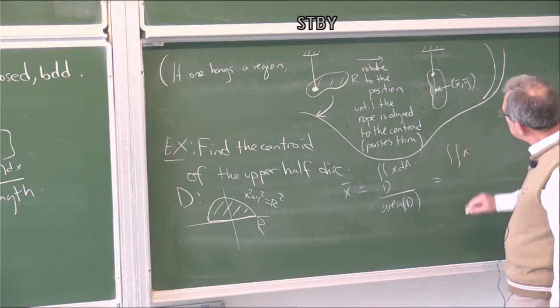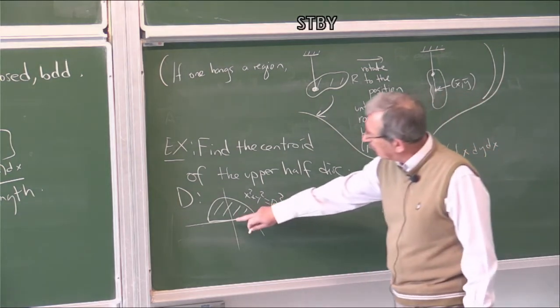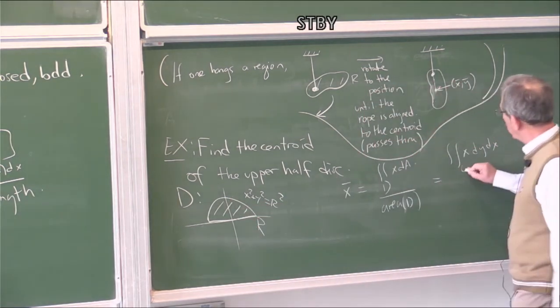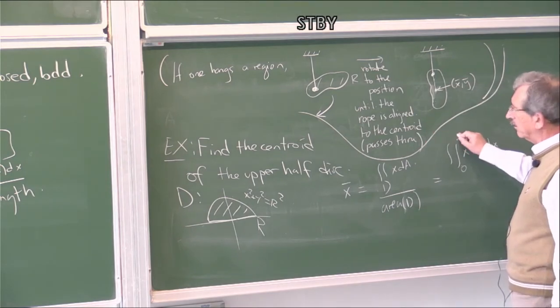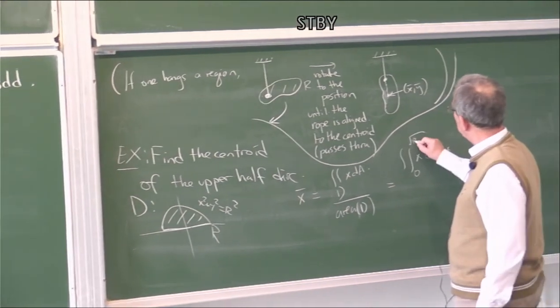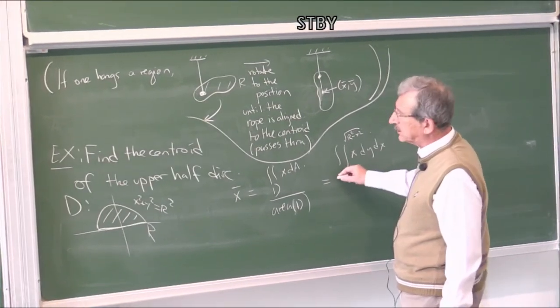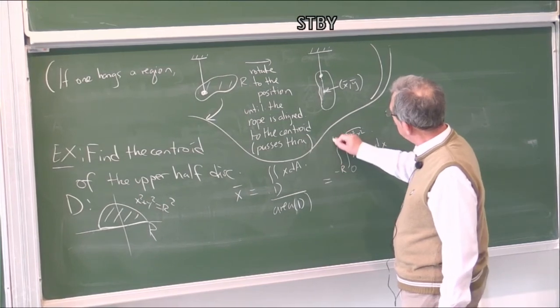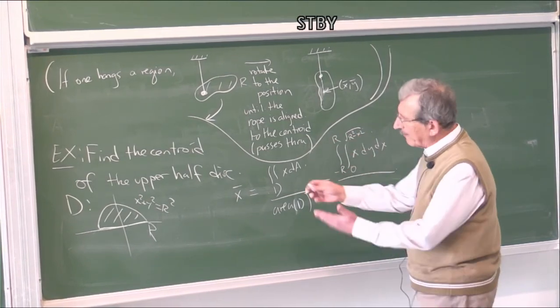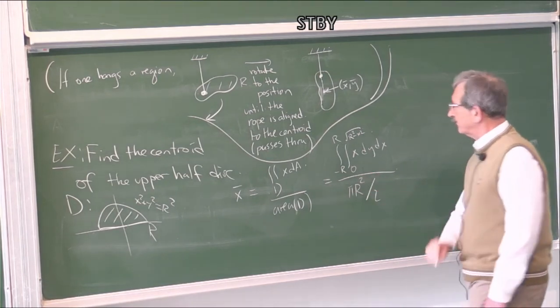You have x dy dx, y from 0 to the root of r squared minus x squared, and x from minus r to r. The area, of course, is pi r squared over 2.